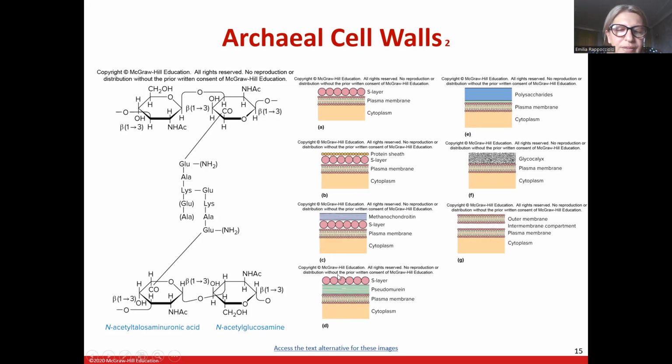So this, in a way, is the one that is most similar to the gram-positive cell wall. You can have a plasma membrane and sugars, polysaccharides. You can have plasma membrane and glycocalyx, so this is not really a cell wall. Or you can have a plasma membrane, outer membrane, and an intermembrane compartment that doesn't have any pseudomurein.